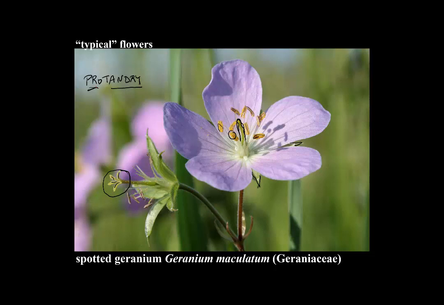So protandry, it means male first. The flowers are not male and female at the same time, but they have both parts, but the male ones are mature before the females are. This is a means to minimize, not eliminate entirely, but minimize self-pollination. The reason it doesn't eliminate it entirely is because while it prevents pollination within a flower, it doesn't prevent pollination between flowers on the same plant.